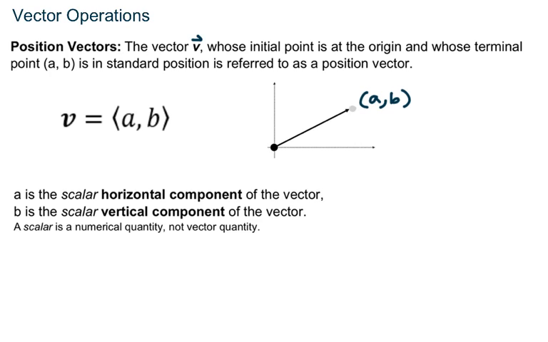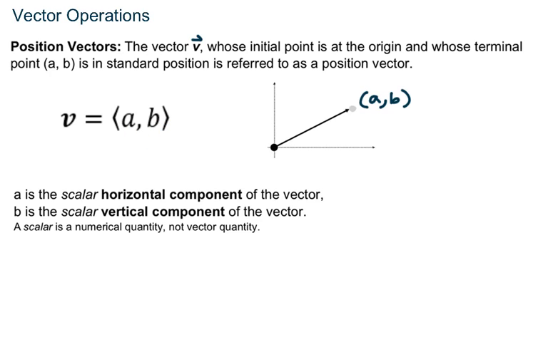AB in space is referred to as a position vector if we use these pointed parentheses, or rather angle brackets.